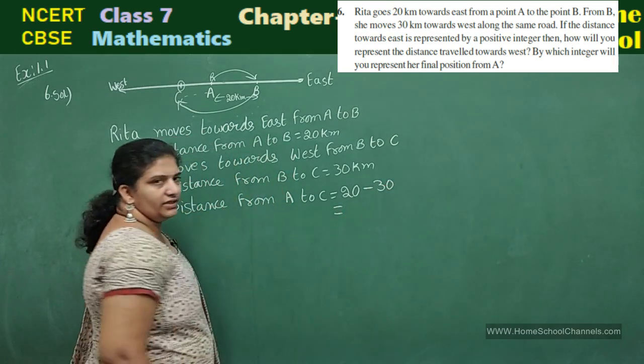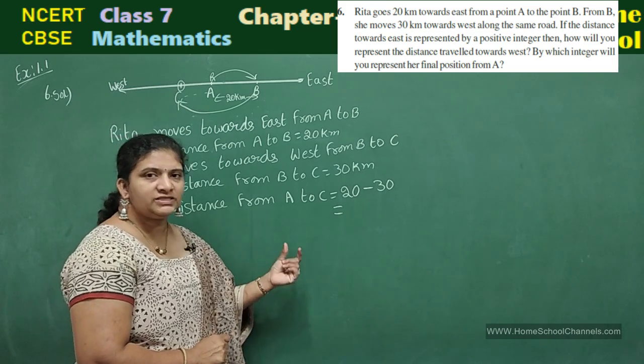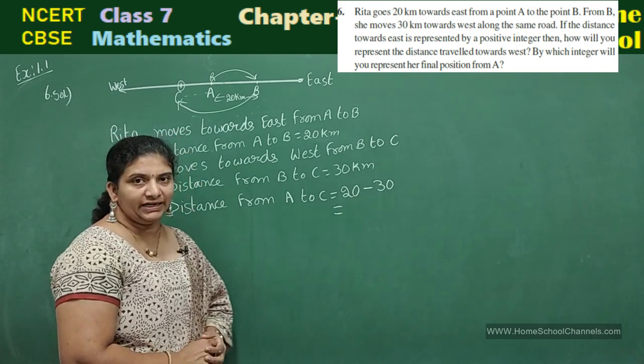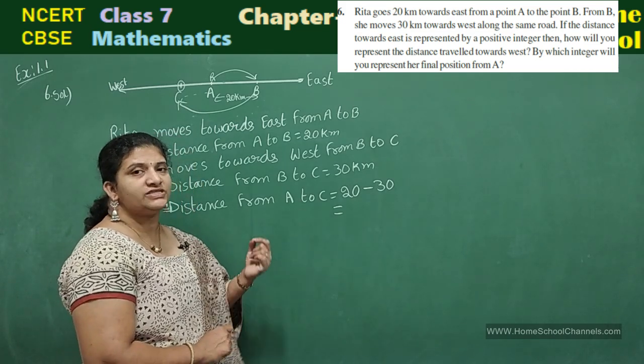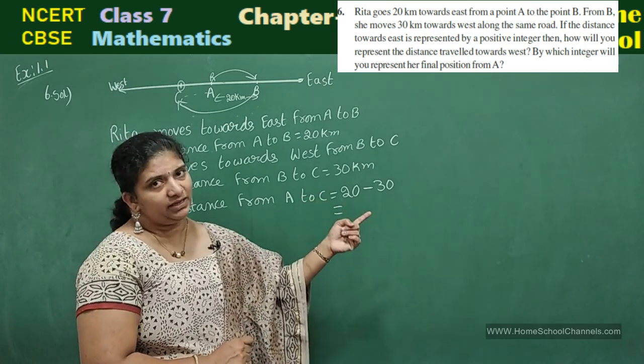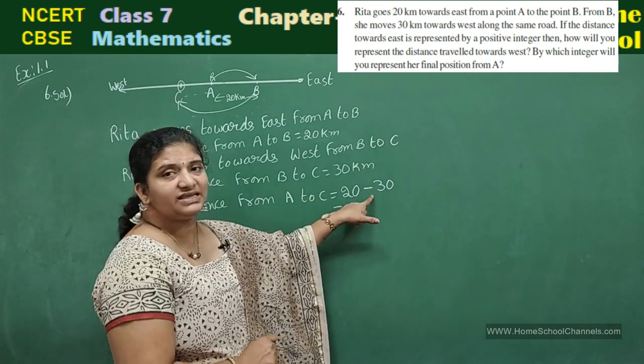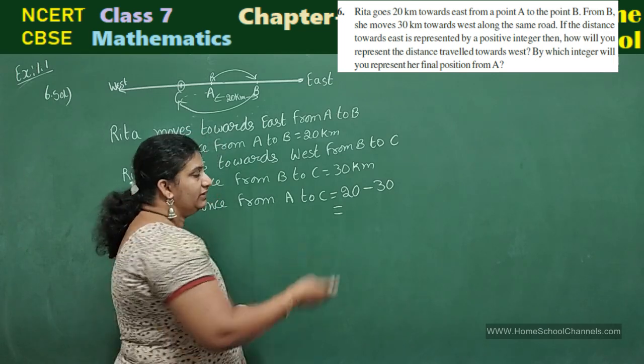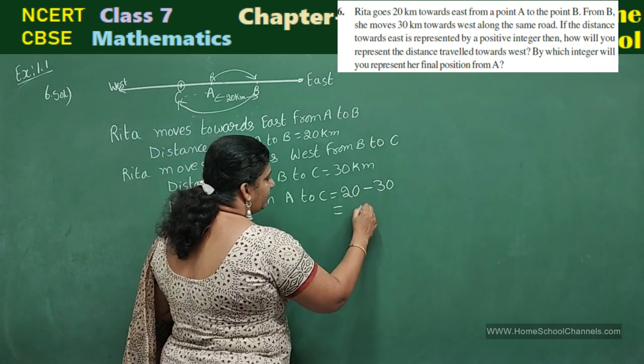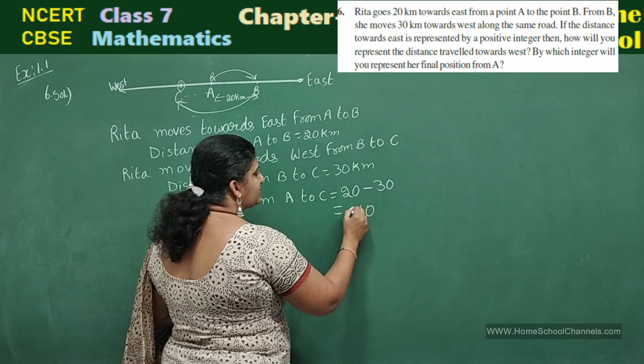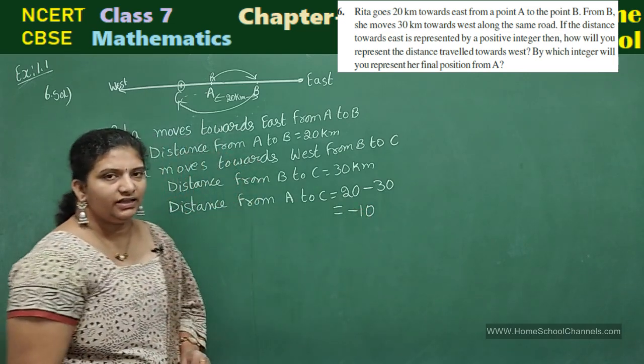20 minus 30. If one number is positive and another number is negative, what we need to do? We need to subtract the smaller number from the greater number and take the sign of the greater number. That is 30 minus 20 will be 10. Greater number sign minus.